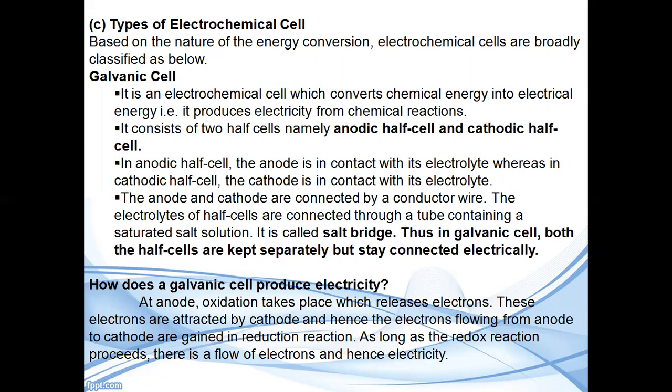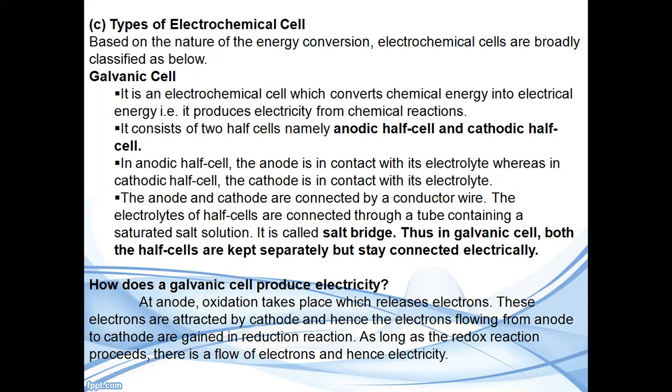So there are two half cells, the anodic half cell and the cathodic half cell. The anode is in contact with its electrolyte, and the cathode is in contact with its electrolyte. The anode and the cathode are connected by a conductor wire.